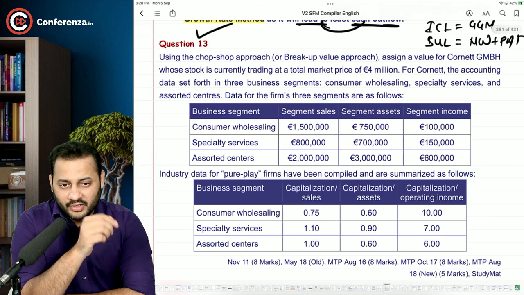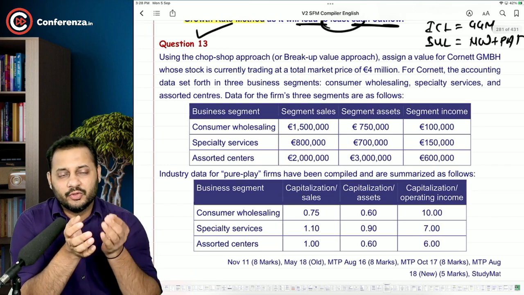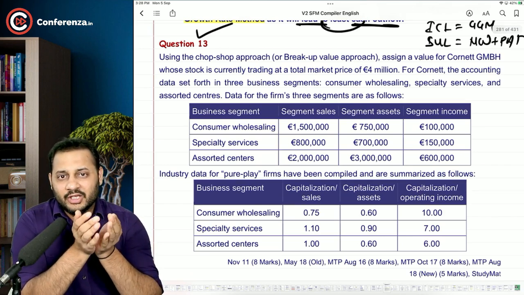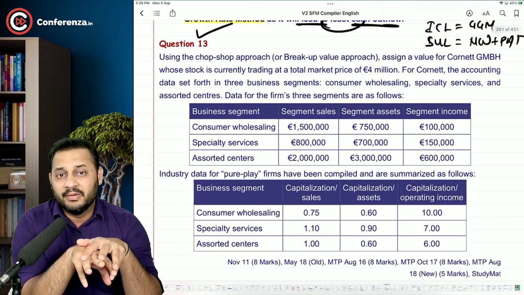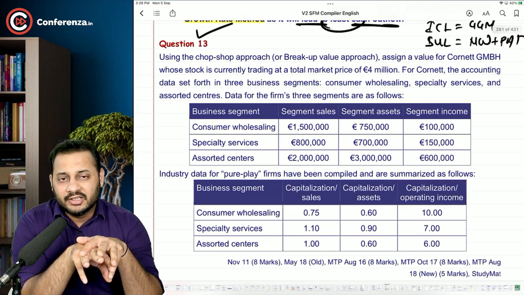So what is given in the question is we have to calculate the value of a company based on three different bases, or we can say instruments: sales, assets, and operating income.